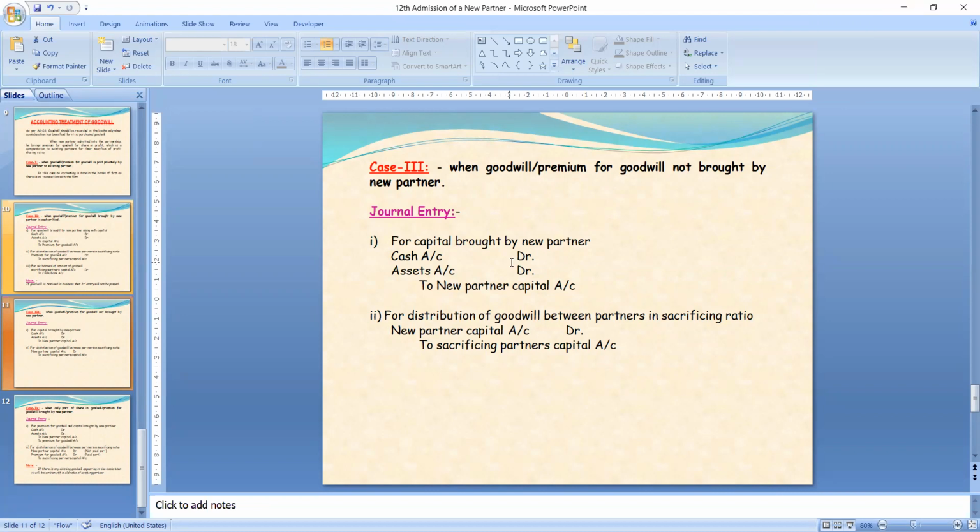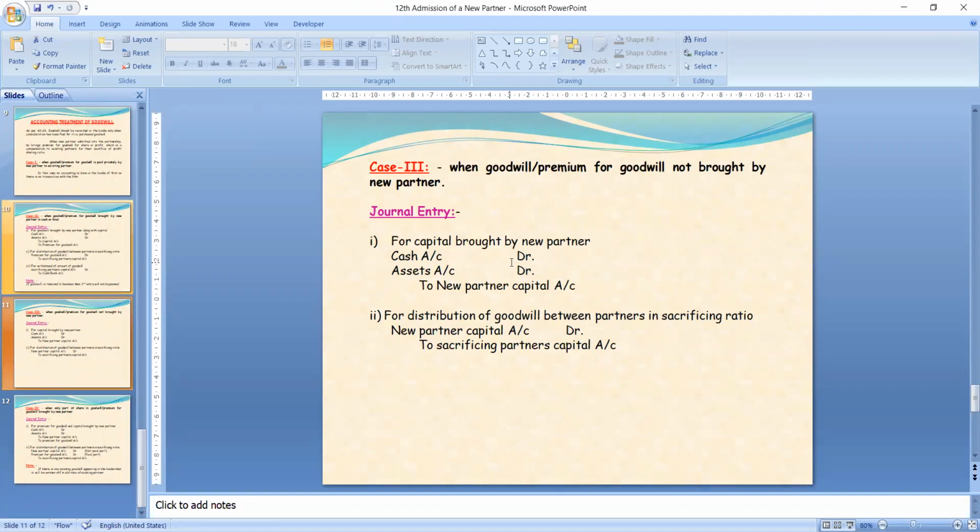So you deduct the rent from his advance deposit, and the deposit becomes 90,000. In the same situation, if the partner does not bring goodwill, we adjust the goodwill from his capital account.